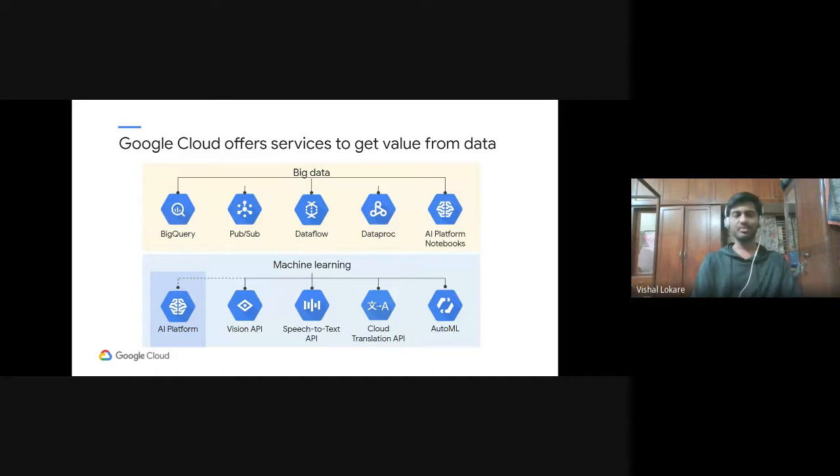There's BigQuery, Pub/Sub, Dataflow, Dataproc, AI Platform Notebooks. Then on the machine learning side, there is AI Platform, Vision API, speech to text, also text to speech, Cloud Translation, AutoML. Actually, Vision API and speech to text, you can use a lot even in your personal projects.